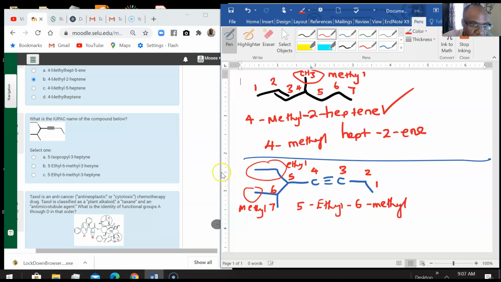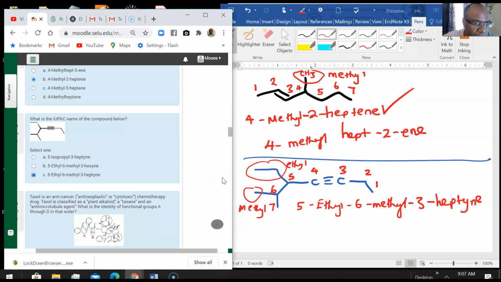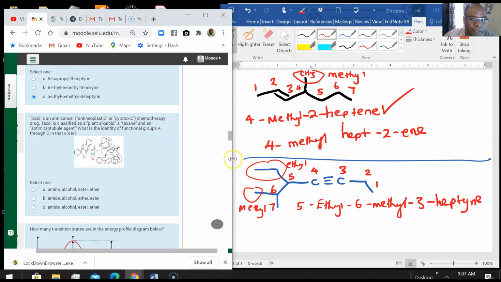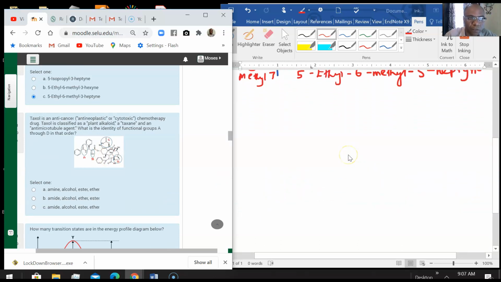And then of course we have the first alkyne carbon at 3, and then 7 carbons, so it's heptyne. 5-ethyl, 6-methyl, 3-heptyne. Okay, moving on.